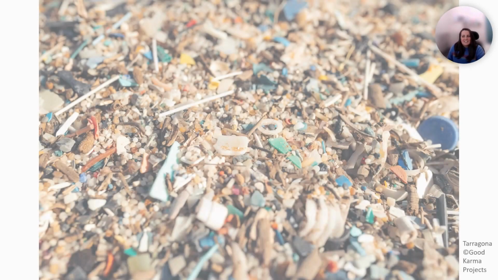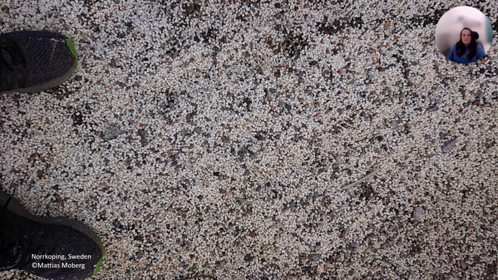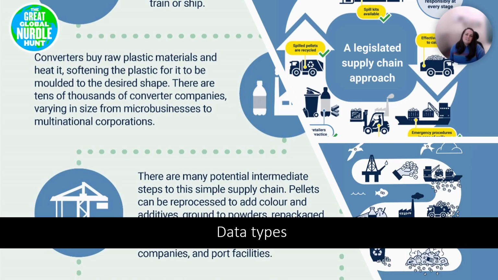And then perhaps one of the most iconic images from the event would be this image here, which is Tarragona in Spain. And then this really horrifying image of Sweden. So it really shows the different locations and the different volumes and scales of this pollution across Europe.